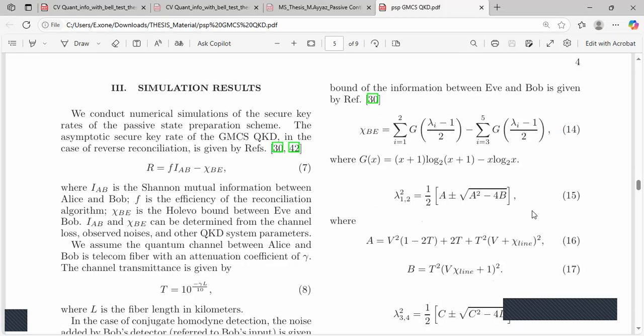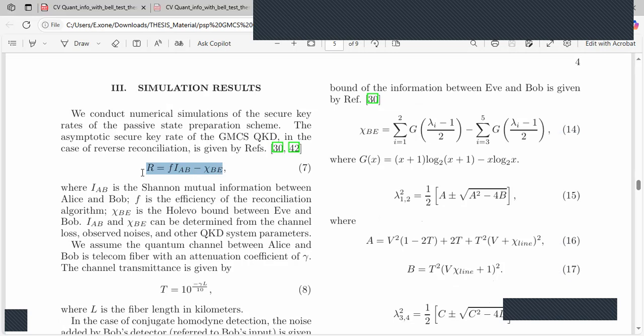Next is the section on simulation results. We know that the secret key rate is just the subtraction of the mutual information, that is the common information between Alice and Bob's measurements, and the Holevo bound, that is the maximum classical information that Eve can gain after employing an optimal attack on the Gaussian channel.